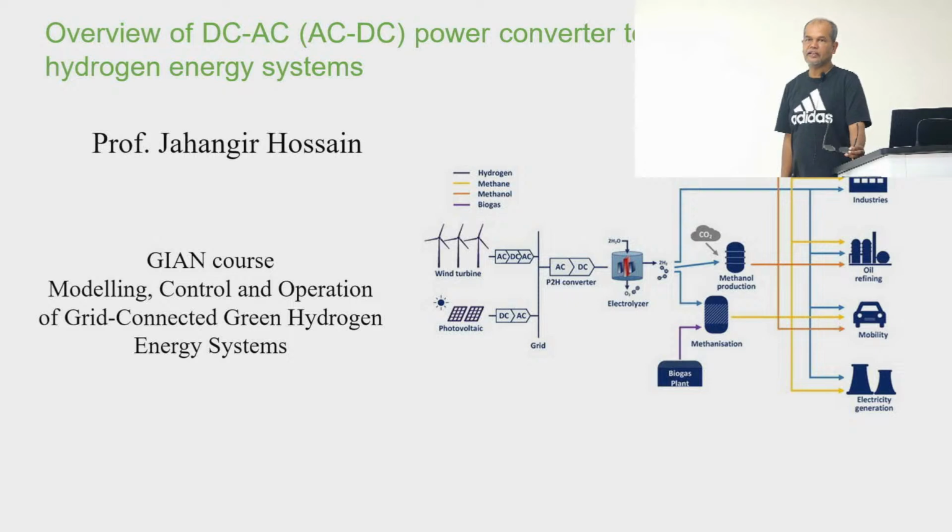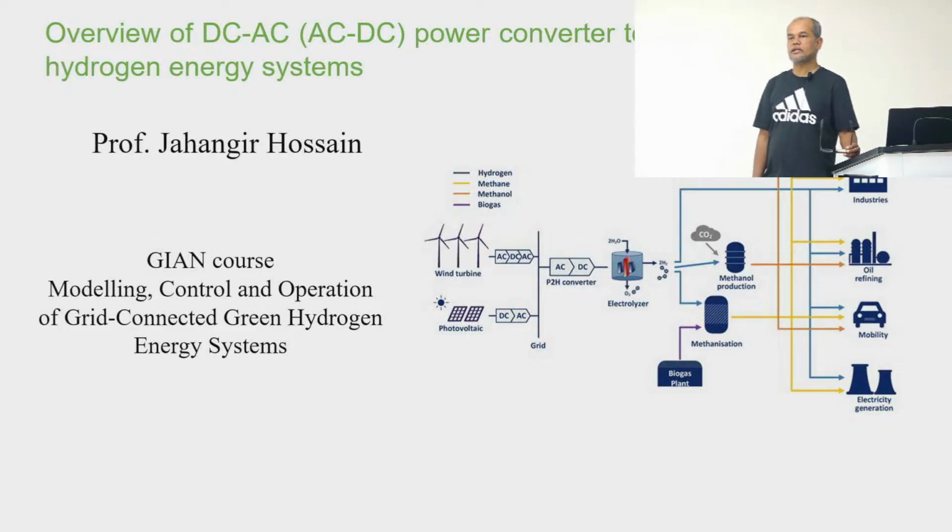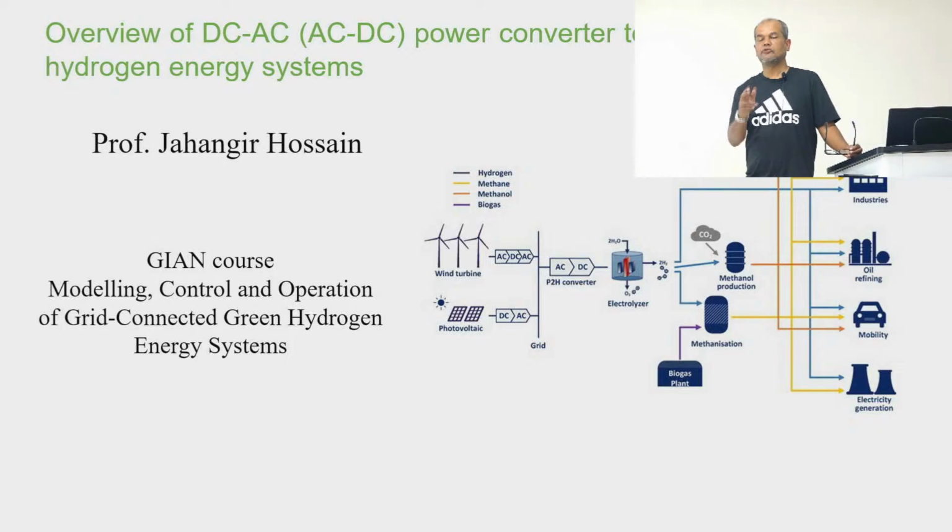Then for utilization, if you have an AC load, we need an inverter. That's DC to AC, which we call an inverter. But for the electrolyzer, we need to supply DC voltage, so we need an AC to DC converter, which we also call a rectifier. So here it would mostly be a rectifier and an inverter.